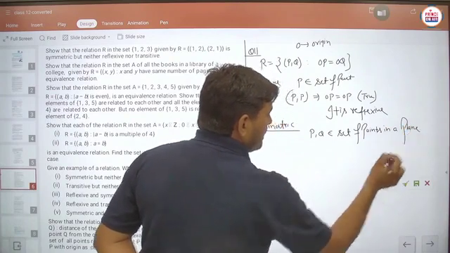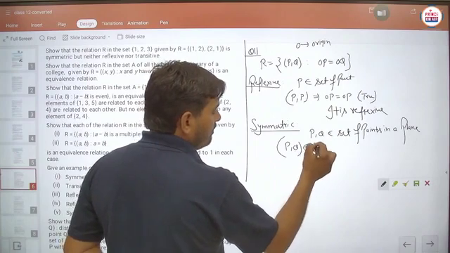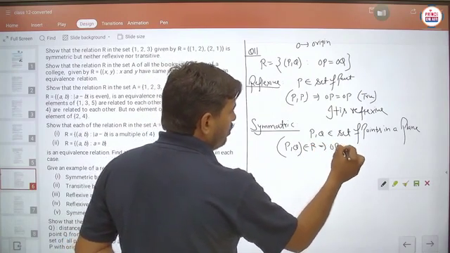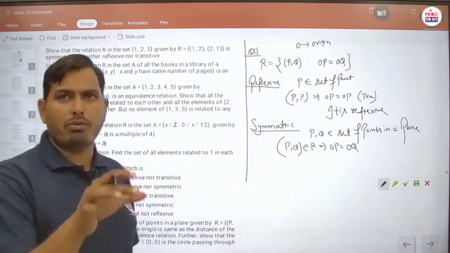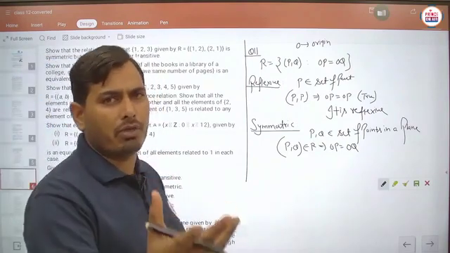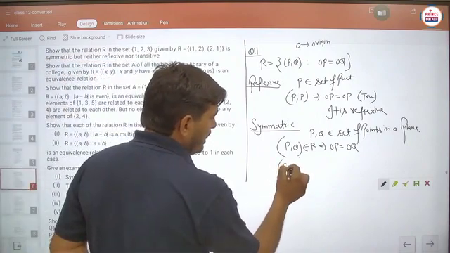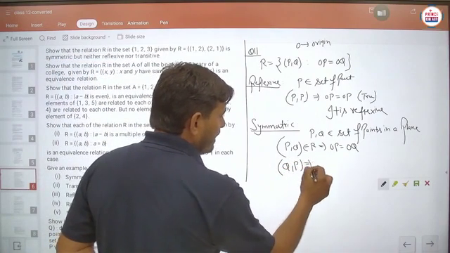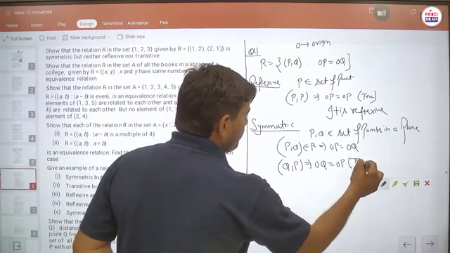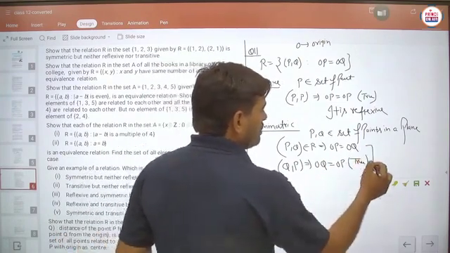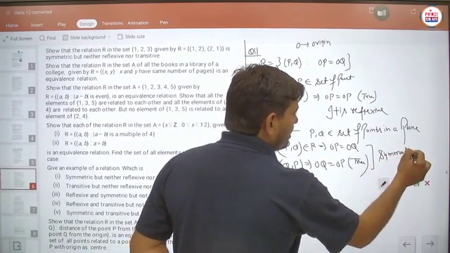So definitely (P, Q) belongs to R implies that OP = OQ, meaning the distance of point P from the origin and the distance of point Q from the origin are the same. Then definitely (Q, P) implies that OQ = OP, which is always true, and true means it belongs to R. So it is symmetric.